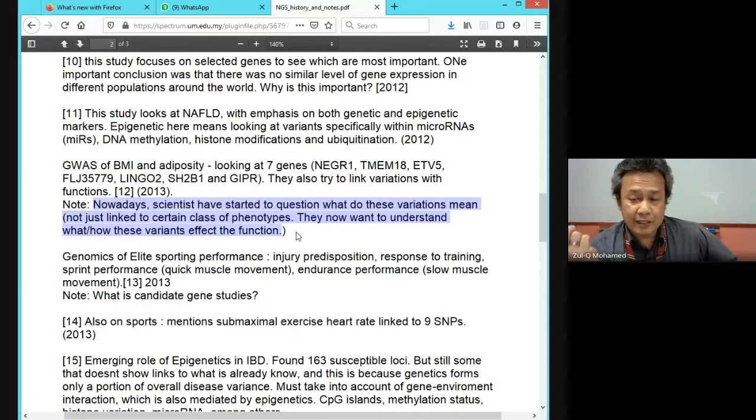They want to understand what and how these variants affect the function. That's why the focus sometimes is to look at genes, because any variation within the genes is easily interpreted. Unfortunately, they will show later that most of the links are not within genes.